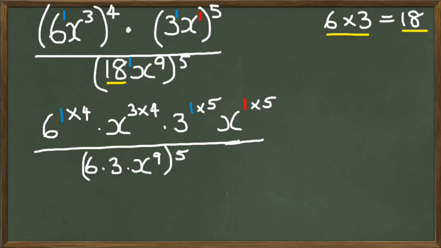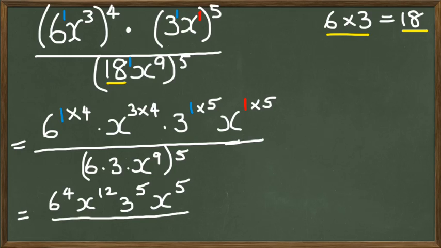So in the end, we can rewrite this as 6 to the power of 4, x to the power of 12, 3 to the power of 5, and x to the power of 5.